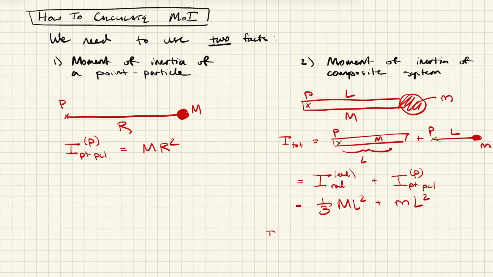In general, if you have an object that is a composite of multiple different shapes, you can decompose it and find the total moment of inertia by just adding up all the individual pieces, so for example I1 plus I2 plus and so on. What we're going to do is use these two facts to come up with a scheme for computing moments of inertia of weird potato-shaped objects.